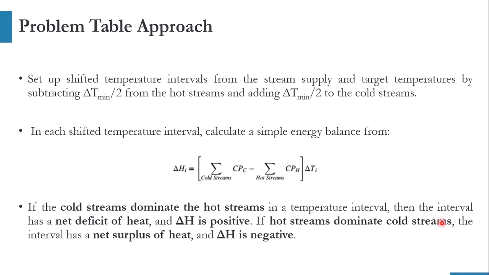If the hot stream dominates the cold stream, the interval has a net surplus of heat and delta H is negative. Obviously, if Cp of H is higher than Cp of C, then the whole answer will be negative, and it means we have surplus energy available and we can exchange it. And if Cp of C is higher than Cp of H, then obviously delta H will be positive.